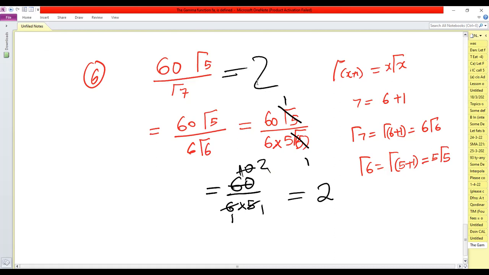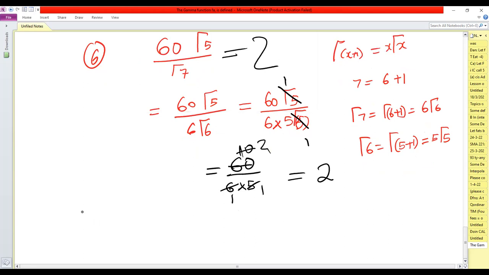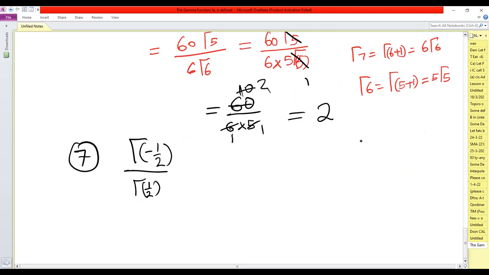And lastly, we were supposed to evaluate gamma of negative a half divided by gamma of a half. So we know that gamma of x plus 1 is the same as x gamma of x. So gamma of x from the same result will be given by gamma of x plus 1 divided by x.